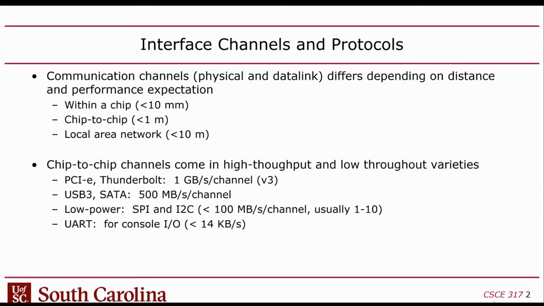Channels can be single-ended, meaning each bit is assigned to one wire, or they can be differential, where each bit is sent with 2 wires that alternate. That's for higher speed links, because any noise that affects one of the wires will affect them both, and so when you take the difference of the 2, it cancels out the noise. That's called common mode noise rejection. So you can run channels faster when you have 2 wires per bit.